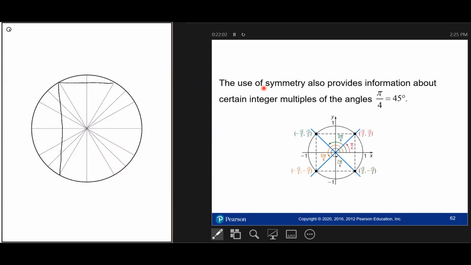These are the pi over 6 angles, or the 30-degree angles. No, these are the 60-degree angles, the pi over 3. And so they have the same coordinates, but with different signs. And what they're showing there is the 45-degree angles, or the pi over 4 angles. And they have the same coordinates.